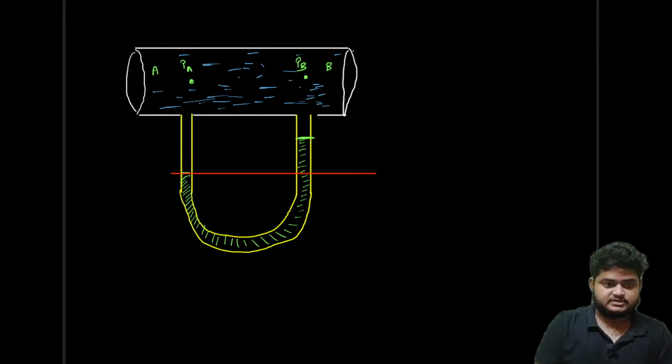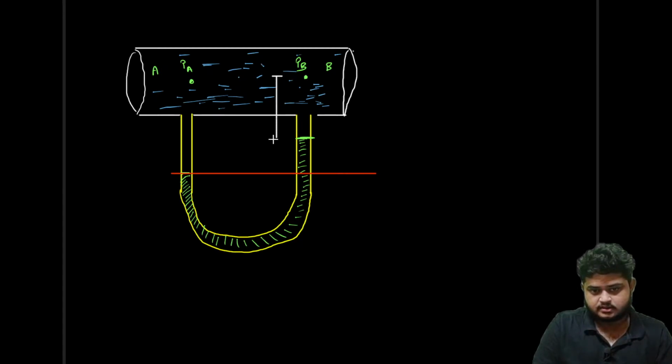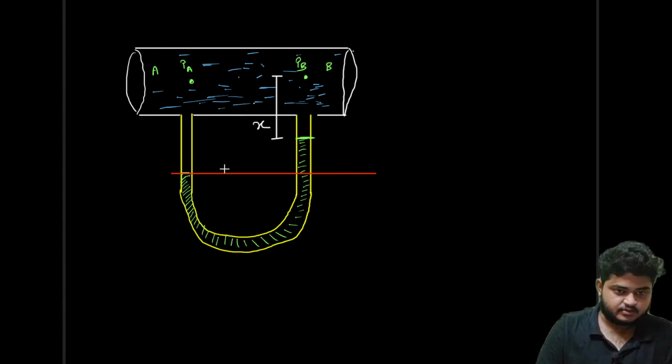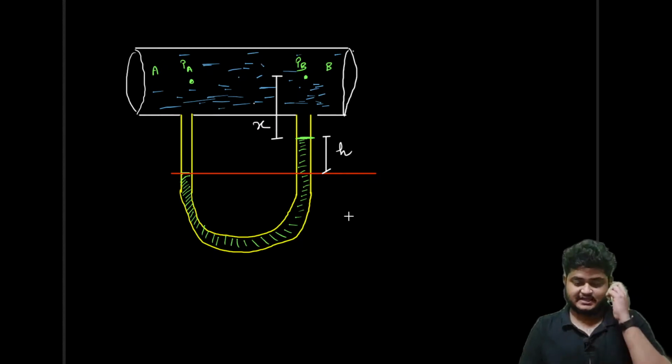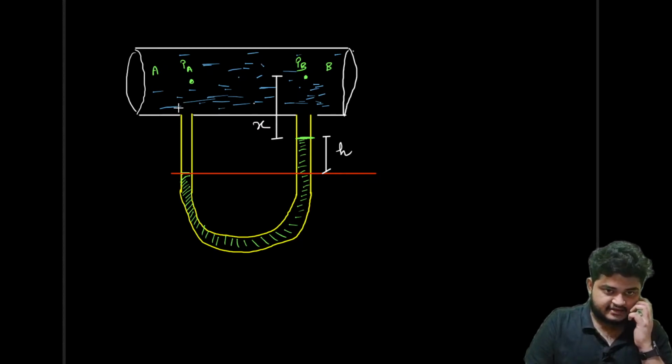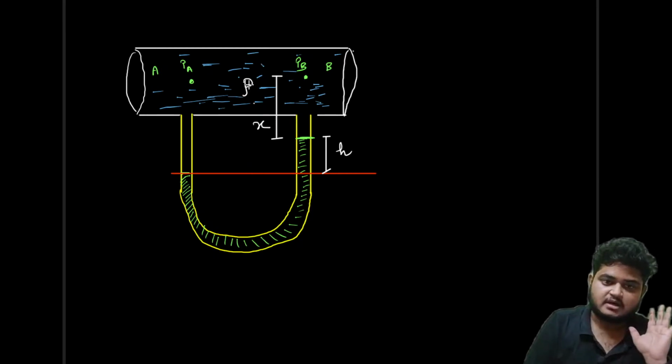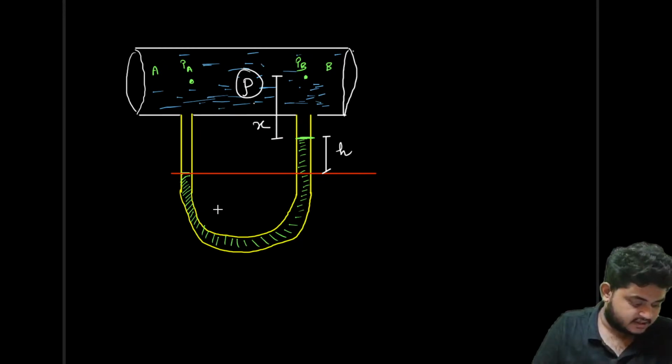Now what is the distance from this point to this point? This is the distance, let us name it x. And the distance above this datum, that means the manometric pressure head, is measured as h. Now let us assume the density of the flowing fluid is rho, and the manometric liquid's density is rho m.